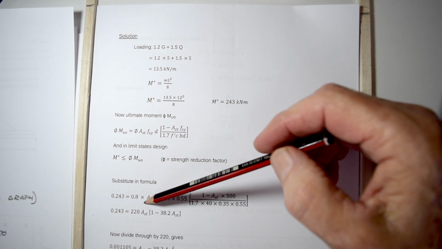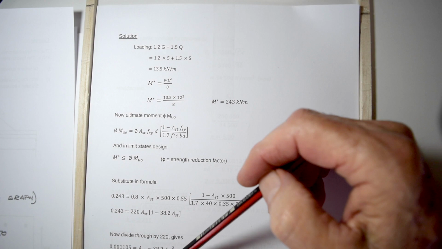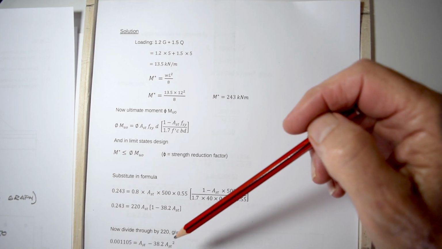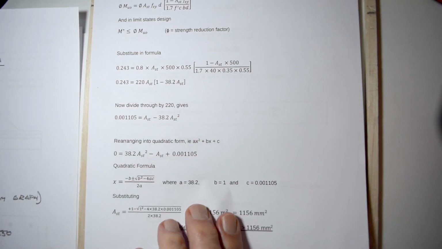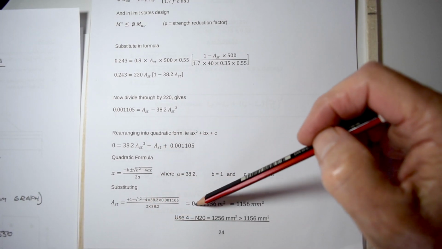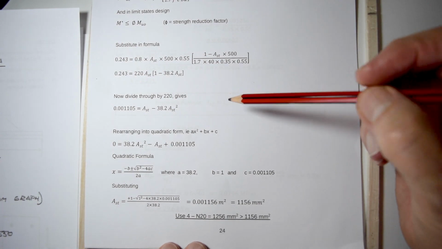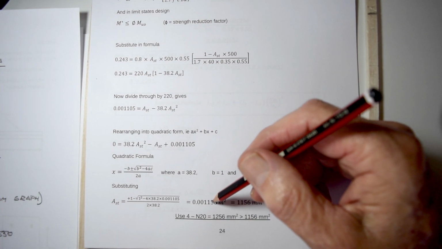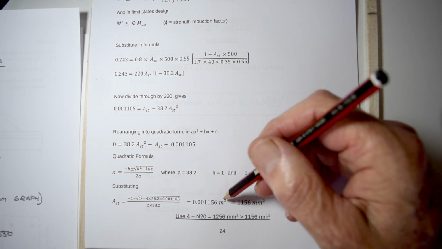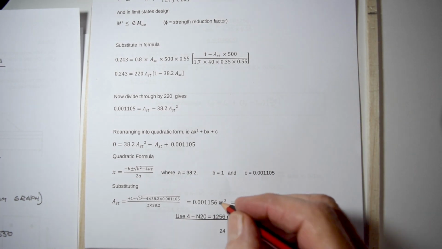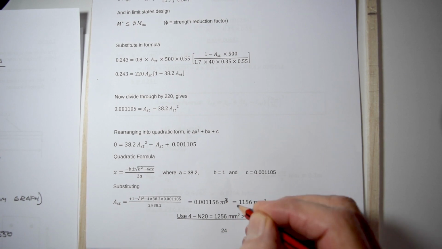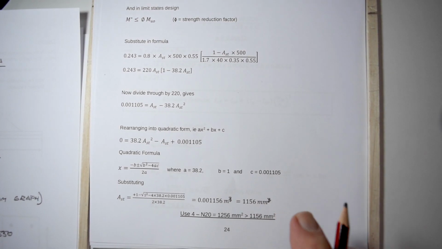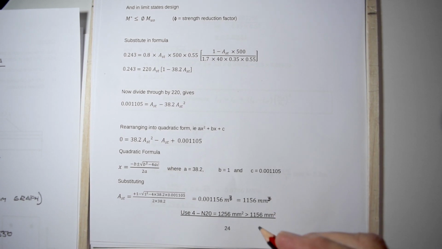So you can go through this and you'll end up with a quadratic equation, and you solve the quadratic equation and substitute that, you'll find the area of steel. You'll find that you need 0.001156 cubic meters of steel. Sorry, that's millimeters squared.